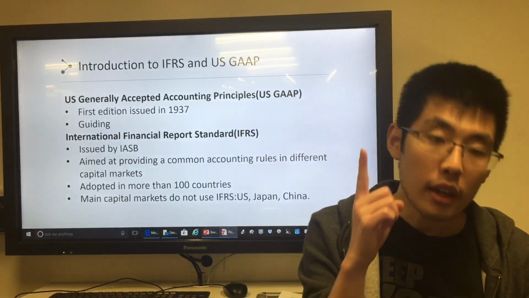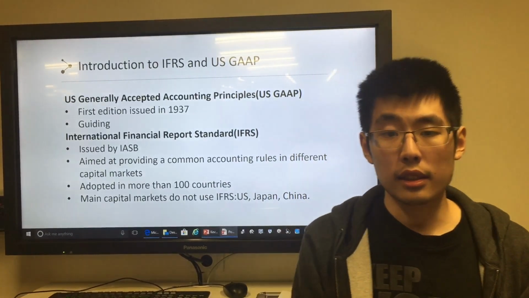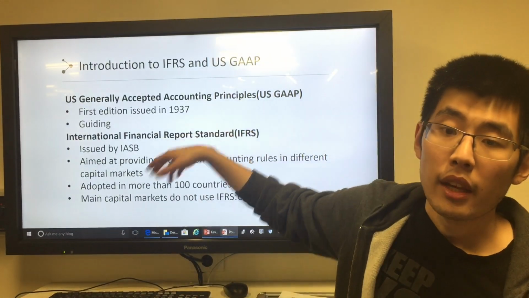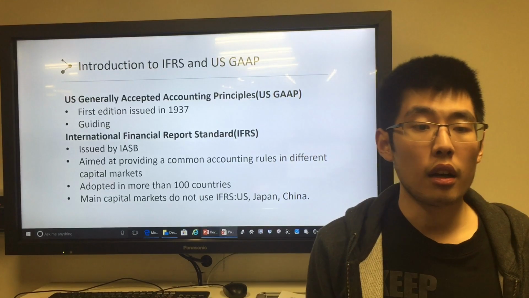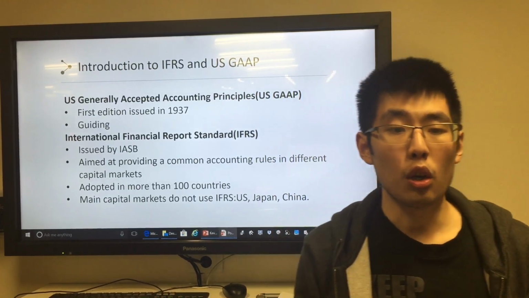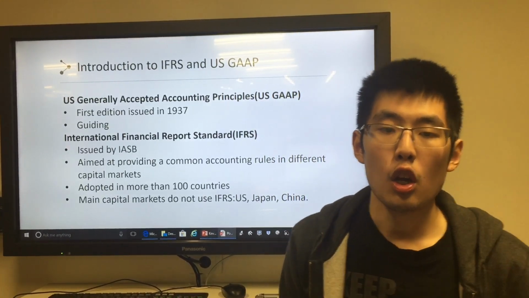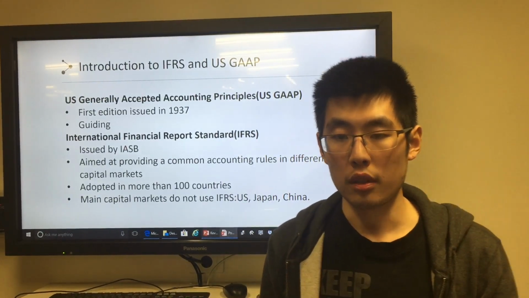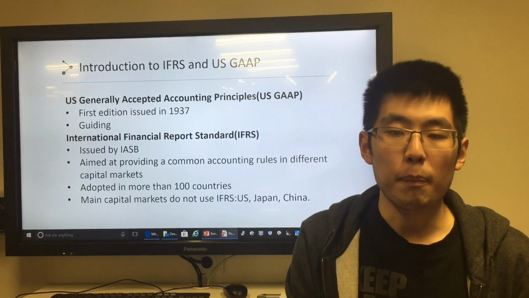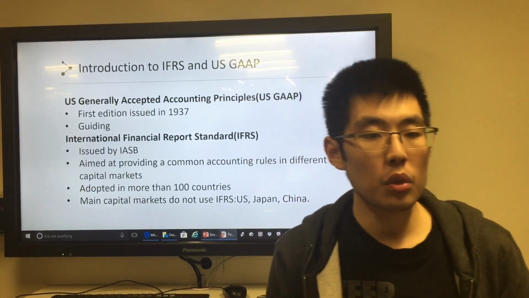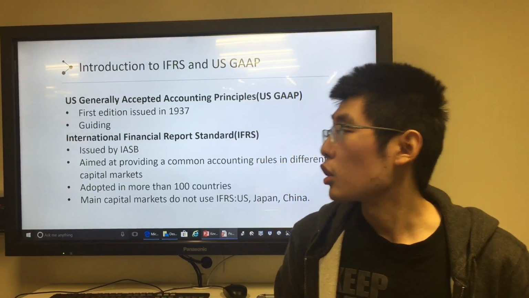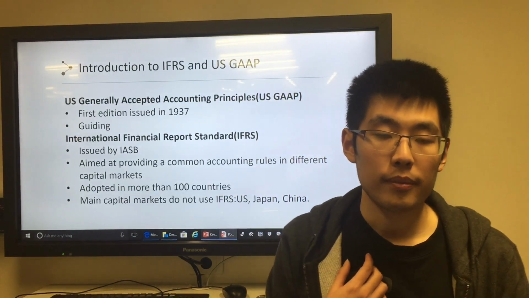US GAAP is the first accounting standard established by a government, in 1937. It has a comprehensive rules system and a transparent rule-making procedure. US GAAP places guiding rules in the form of accounting standards in many countries, including IFRS.